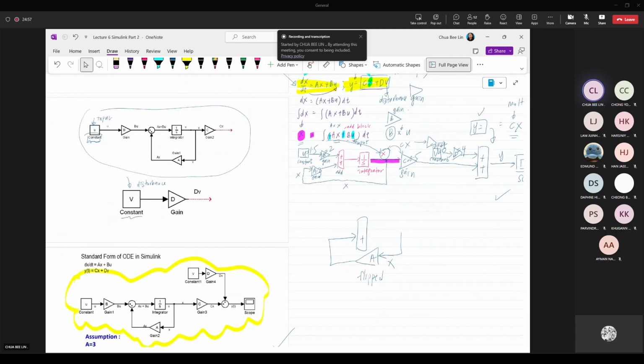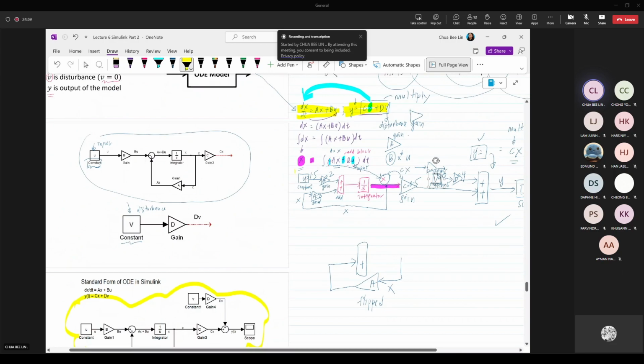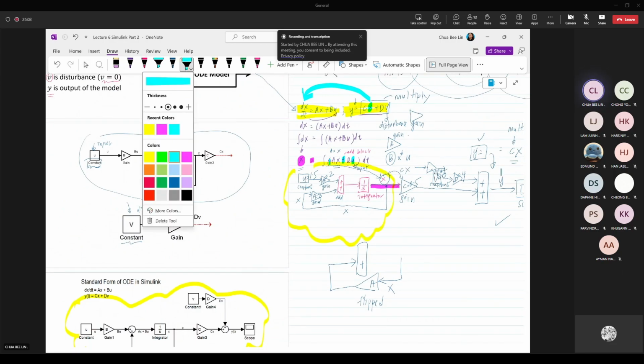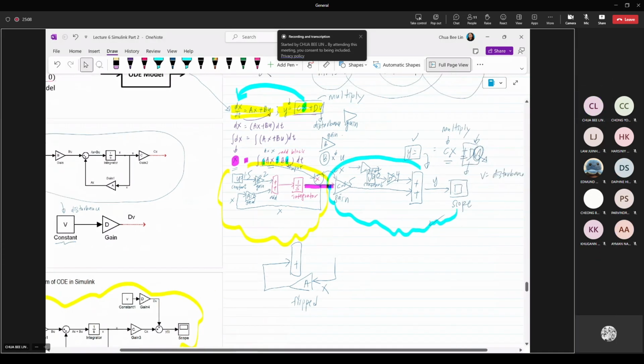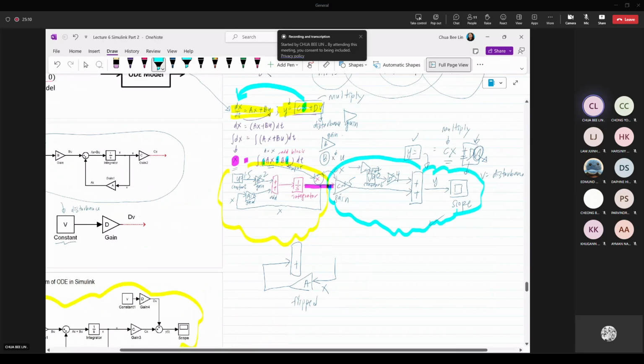So we actually solve part by part. I solve this part first, then I continue to solve the second part, which is this one. So you can see from here, the CX, which is this one, is related to the X over here. So that's why I use the gain block C multiplied with the X, then plus DV.